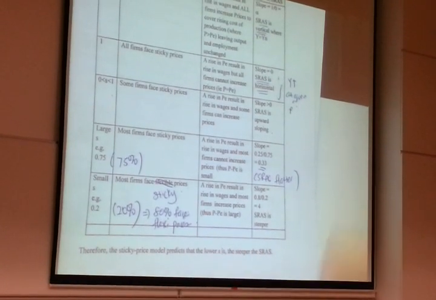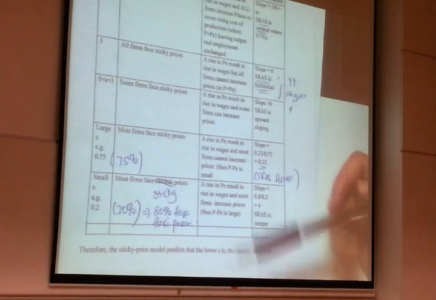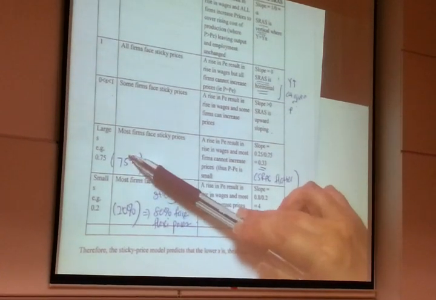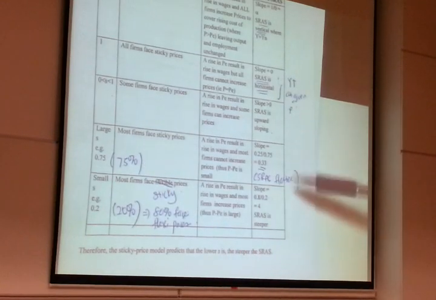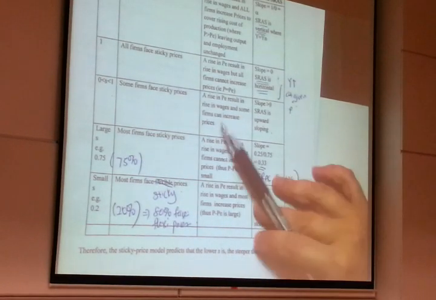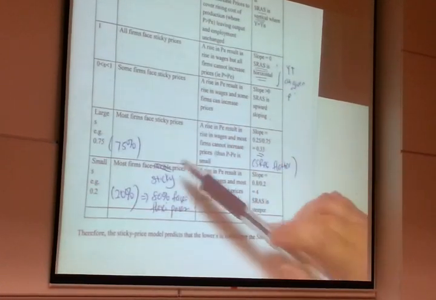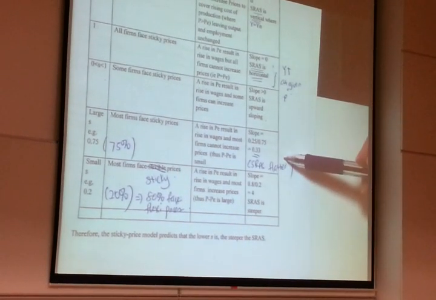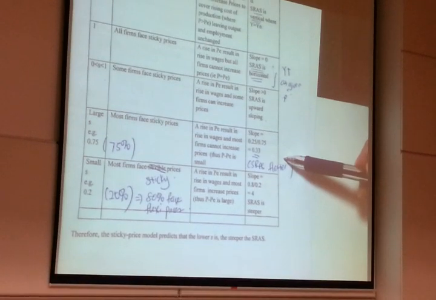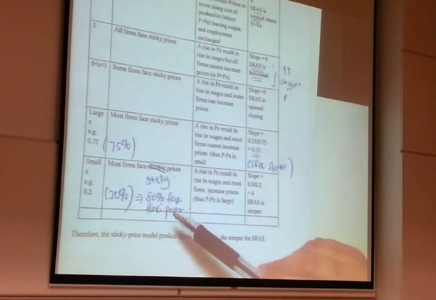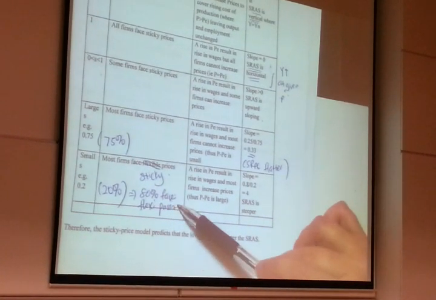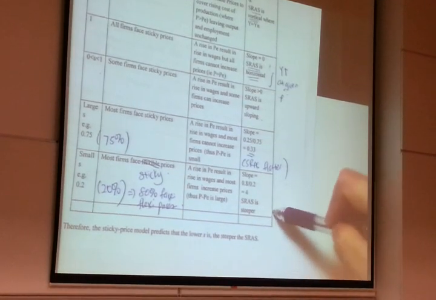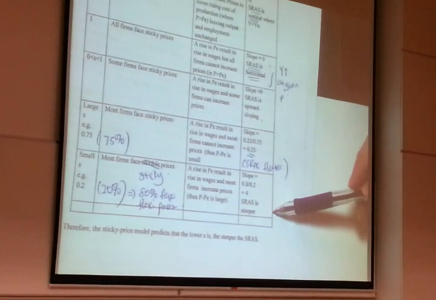So the share of firms in the economy tells us the more sticky prices are, or the larger S is, the flatter the curve. Vice versa, the lower S is, meaning a lot of firms can change prices, the steeper the AS curve. So this cannot be memorized.